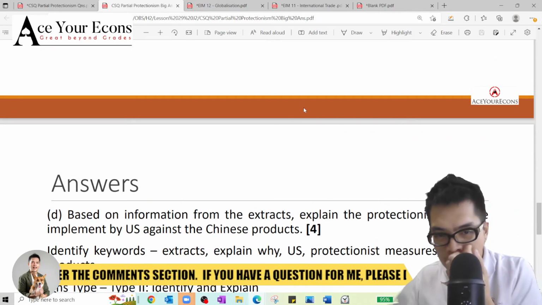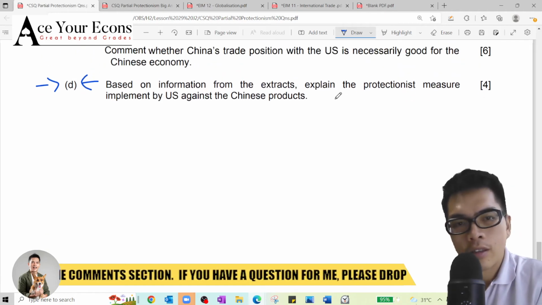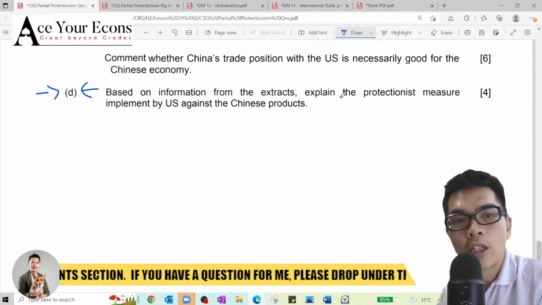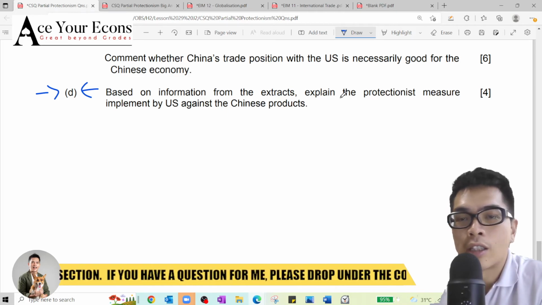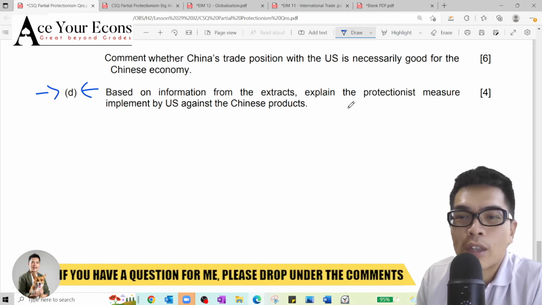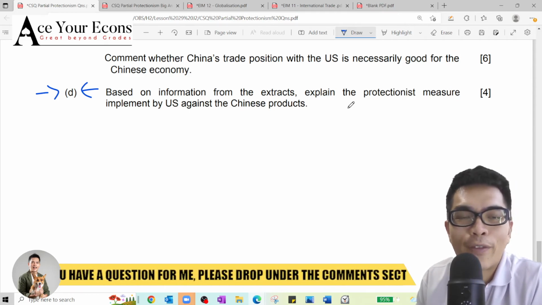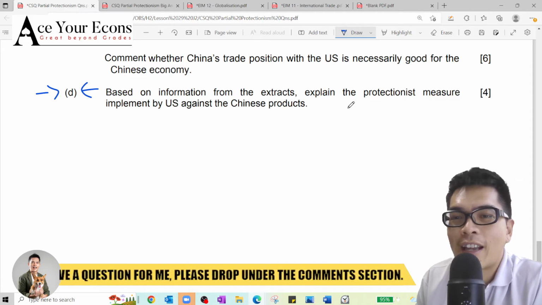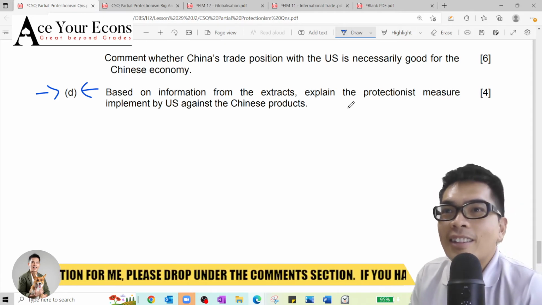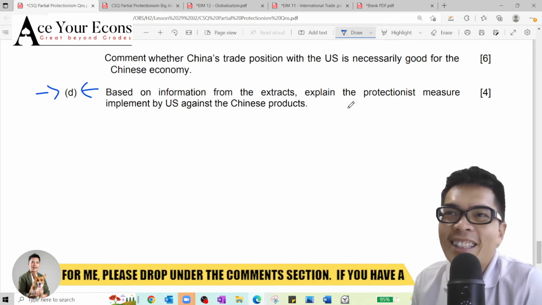So based on the information from the extract, maybe use the question paper better. Explain the protectionist measure implemented by the US against Chinese products. So now tell me, which is the protectionist measure that was identified from the extract? Can you tell me and cite the extract? Cite.